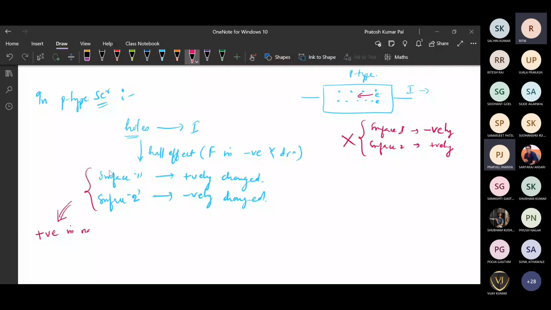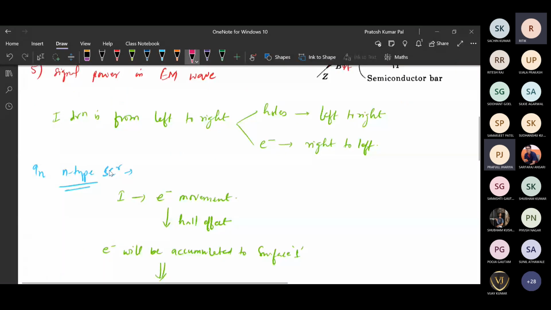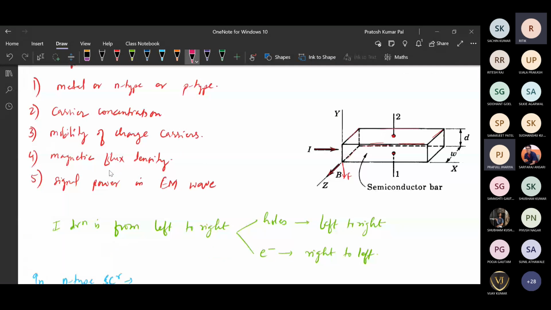Okay, so holes are positive in nature. We can experimentally verify this by using the Hall effect. If holes were not positively charged in nature, then by using the Hall effect, whatever charge carriers are there, surface 1 should have been negatively charged.